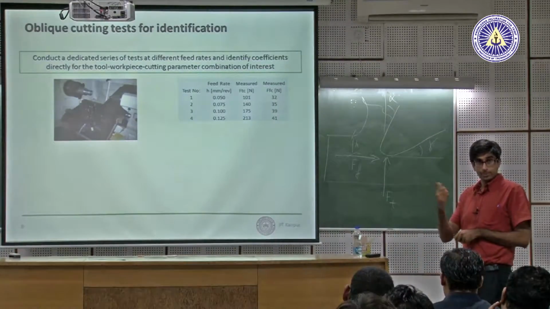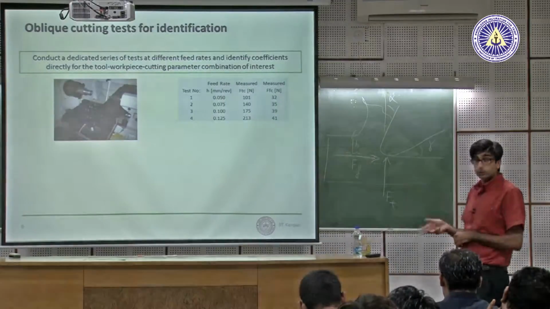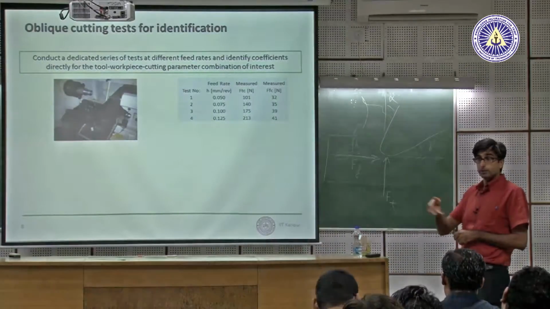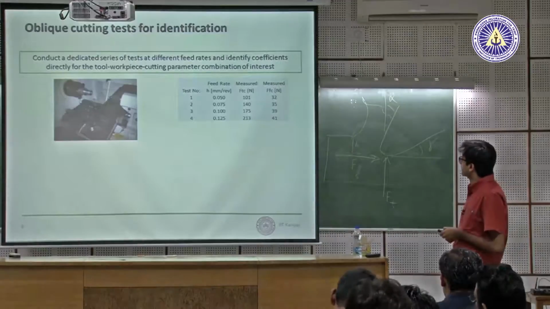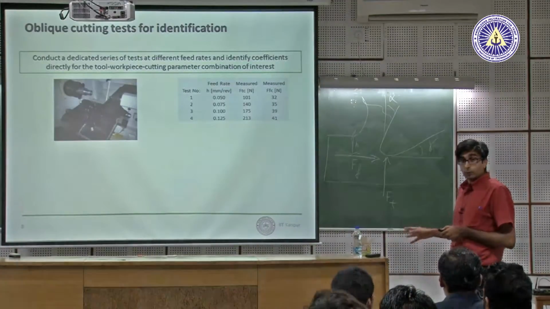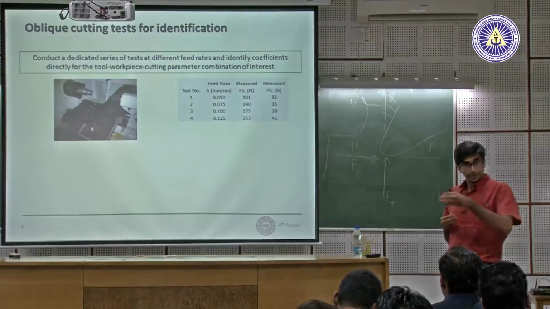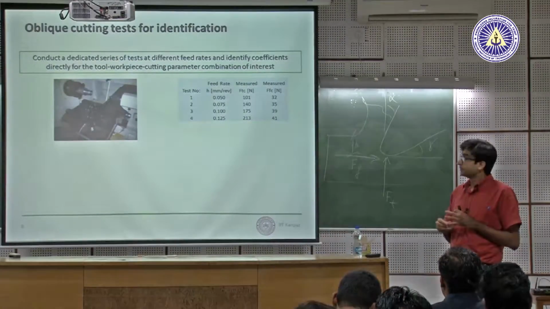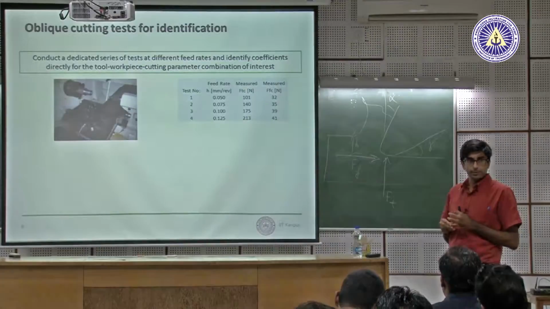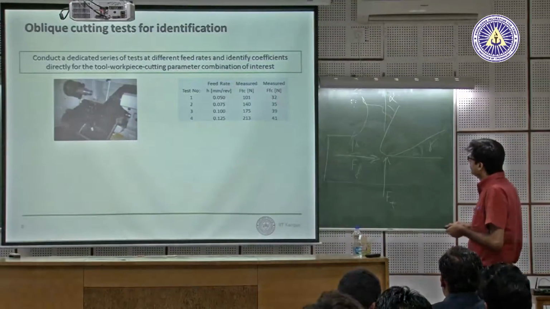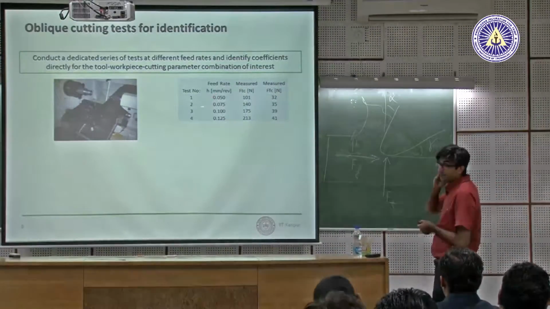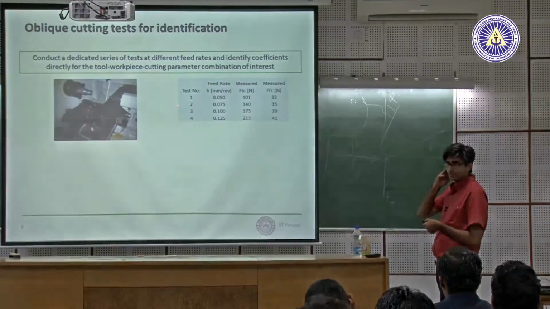It's special, so this is going to be a special tool with positive geometry, because you get better chip flow and chip breakage. And it's typically uncoated. So we'll use the real cutting conditions that your application demands. And you can see this, I think this is also in the table that we've given you.